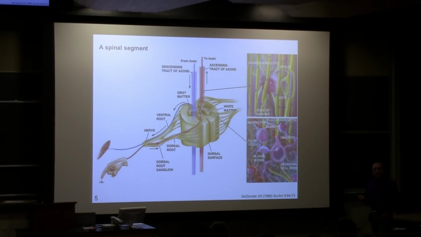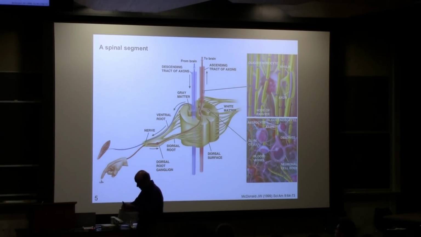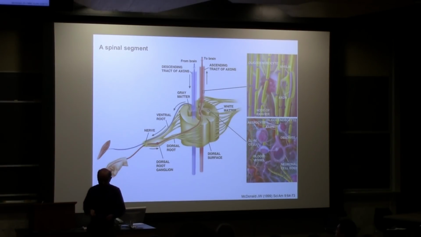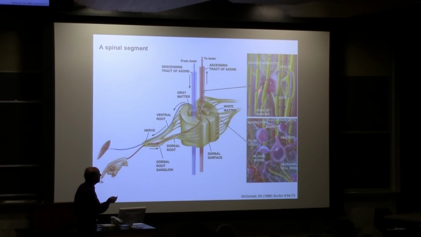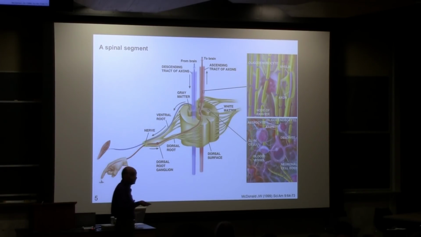The myelin allows the axon to produce those action potentials and not have it die out, essentially. So without the myelin, the action potential will fade away. With the myelin, you have the opportunity to transmit the action potential up and down the axon without decay.